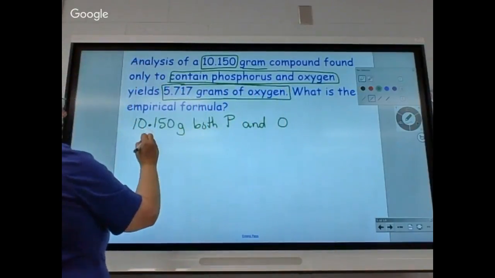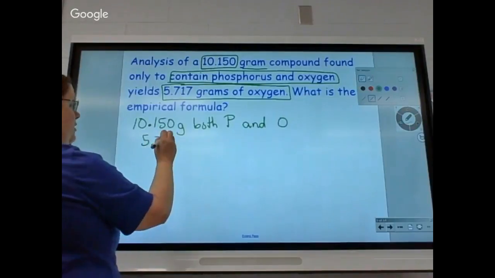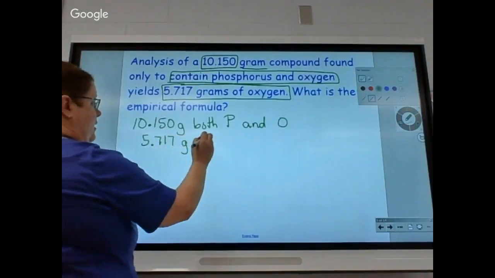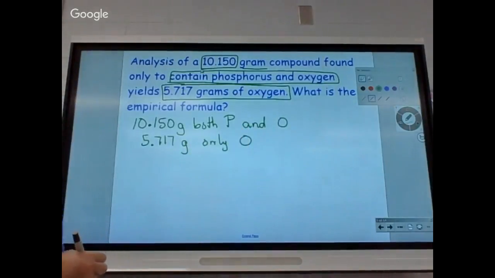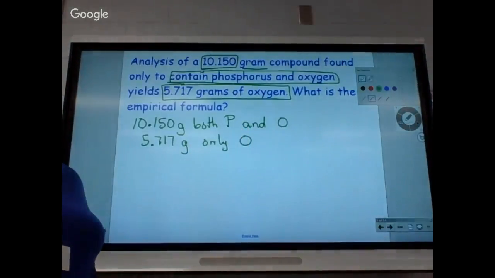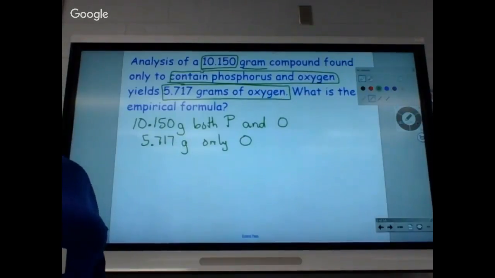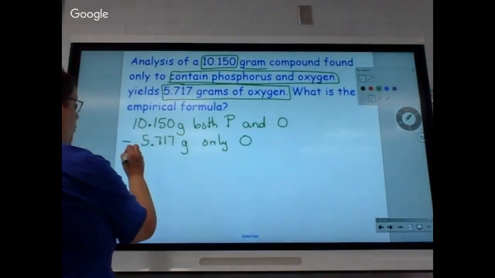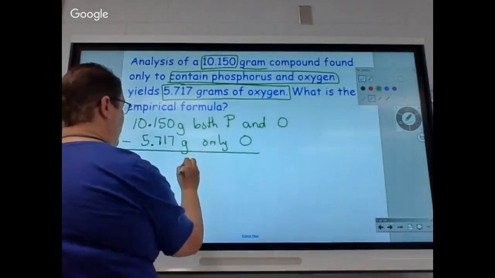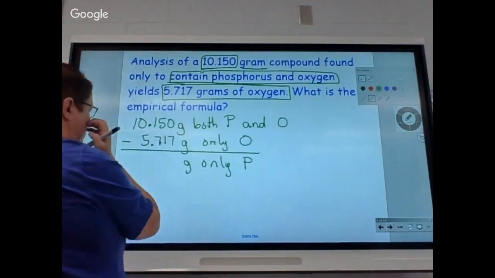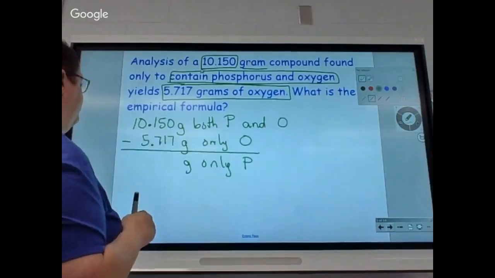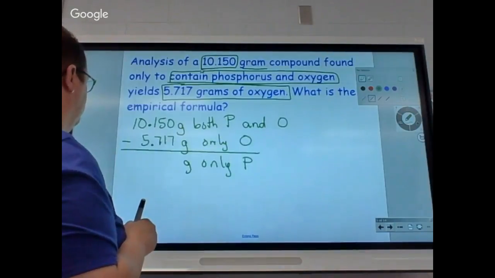Oxygen. So that 5.717 grams is only oxygen. So in order to do the question, we need the mass of just what? We need just phosphorus. Yes. All right. So we're going to subtract to get the grams of only phosphorus. So somebody tell me what that is. It's 4 point something, 4.3, something maybe.